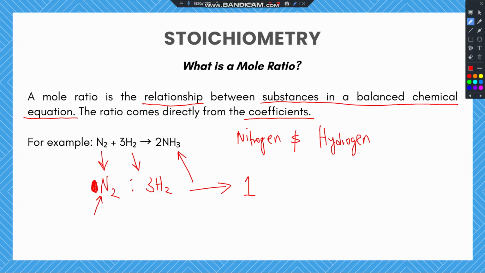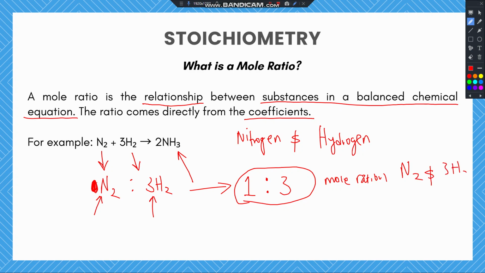Why? Anything multiplied by 1 remains basically the same. And you can see hydrogen having a coefficient of 3 standing in front of it. So we have 1:3. This is the mole ratio that exists between nitrogen and hydrogen. What does this mean?